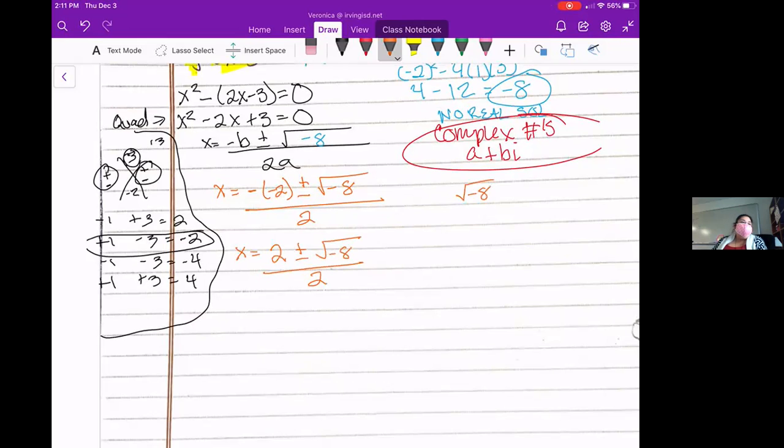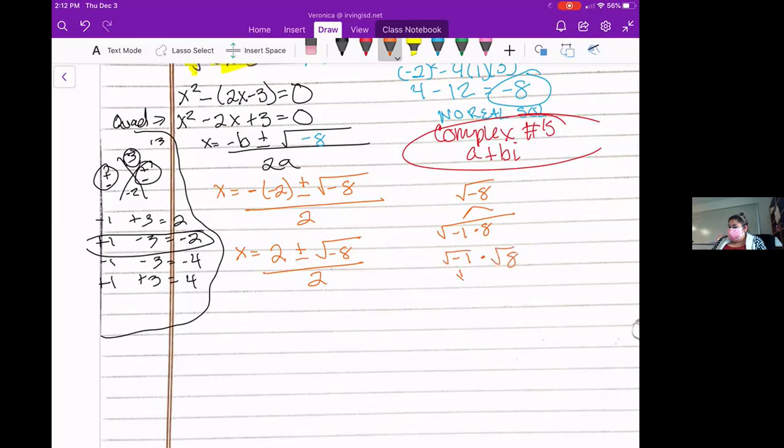So I'm going to break it down again in case y'all forgot how to do this, right? So we know that inside this root, this is negative 1 times 8, which means I can break it down even more to negative 1 times 8.